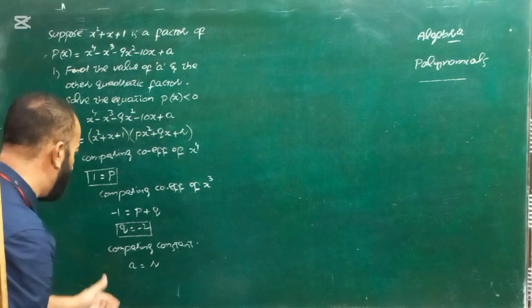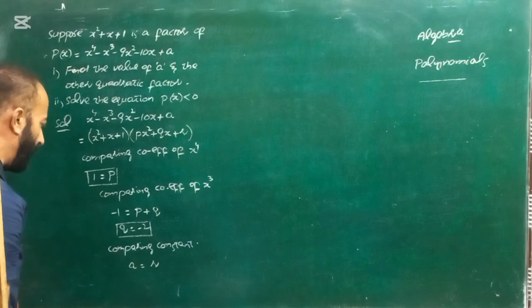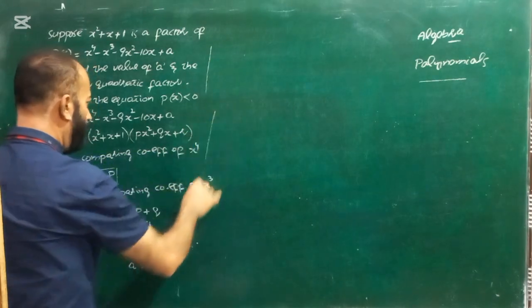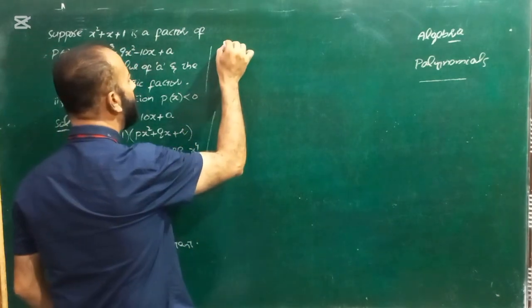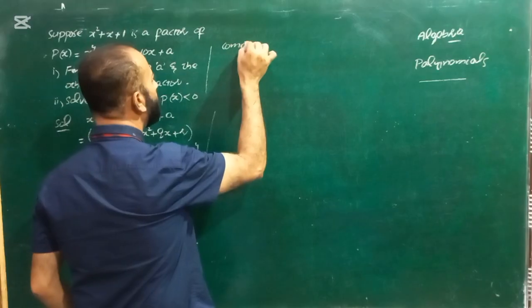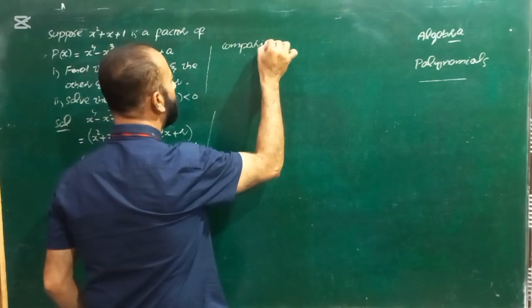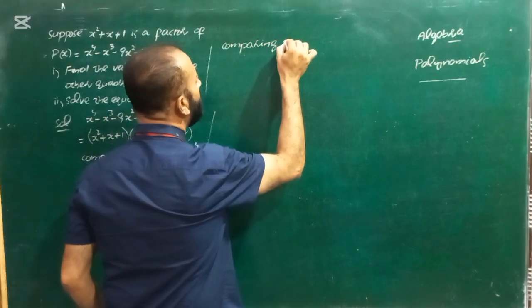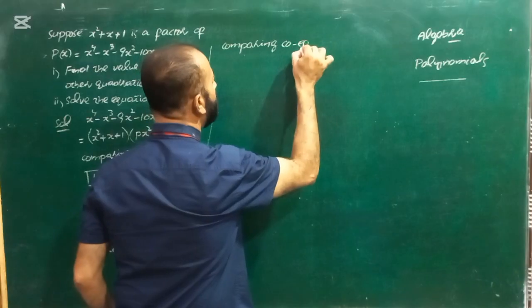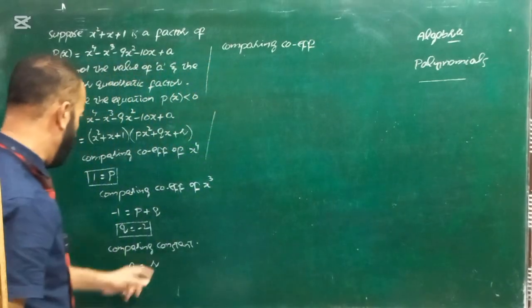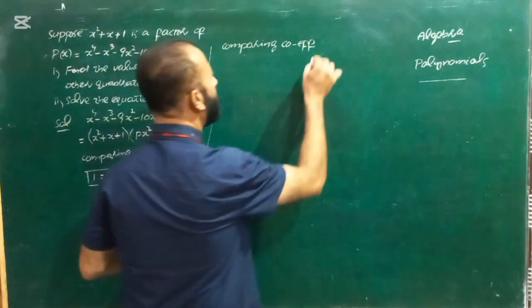So r is a. Okay. Comparing coefficient of x square.